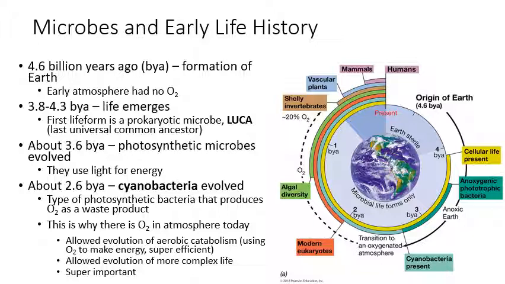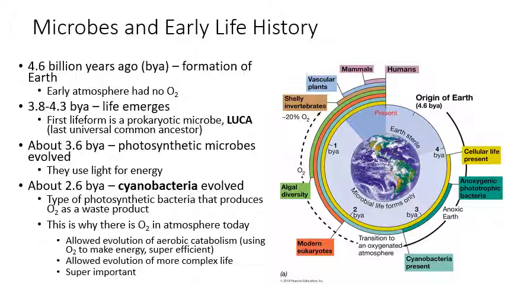Not too long after Earth first formed, the first microbes emerged. We are estimating that it was between 3.8 and 4.3 billion years ago that the first microbes came to be. And they would have been the first life form. So the first life form on Earth was a microbe. It was some form of unicellular prokaryote.